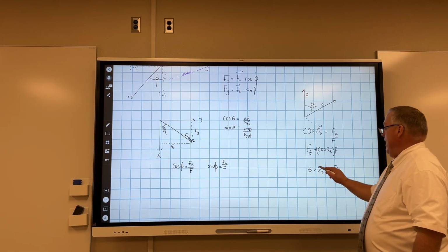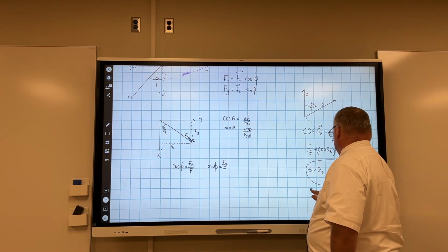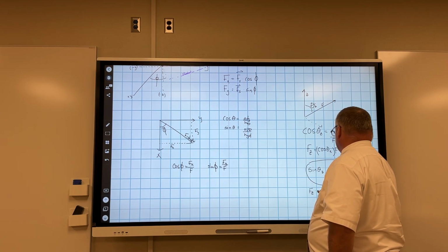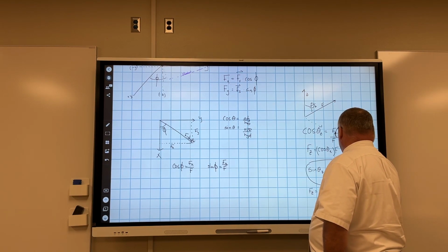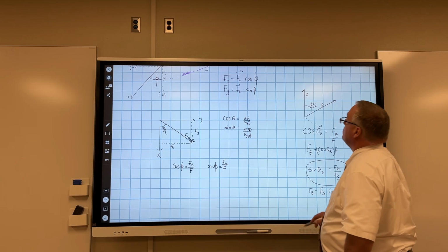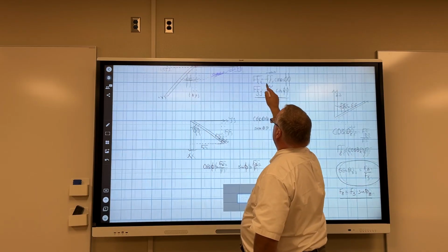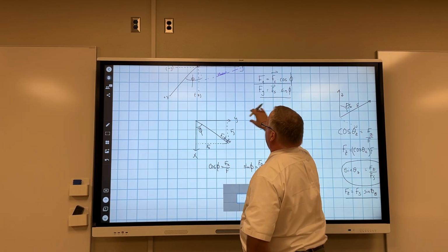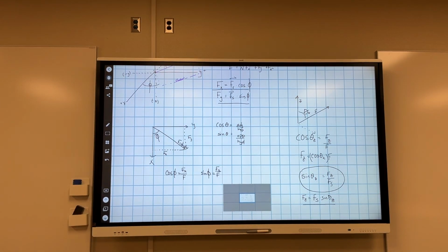So now we have this relationship, which is F of Z is equal to F of S times the sine of theta Z. Okay, that relationship.